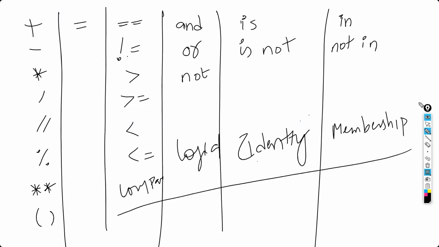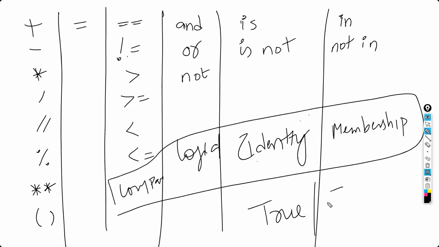These four operators, comparison, logical, identity, and membership, all of them give the output as either true or false. All these four will give you either true or false.